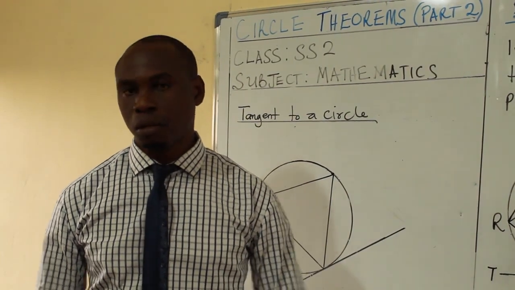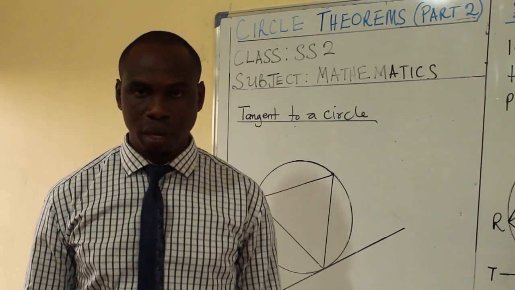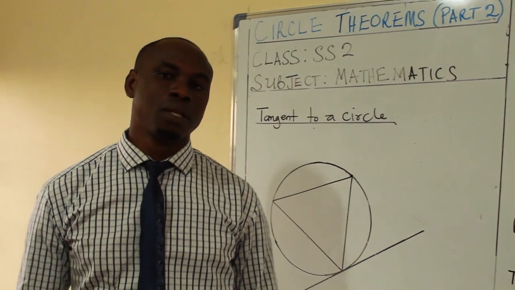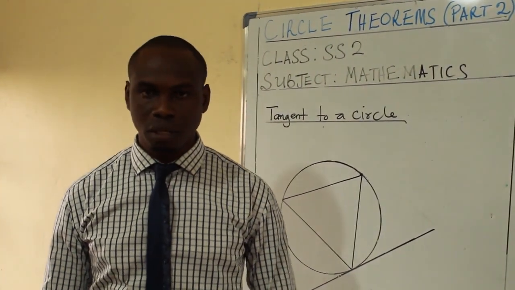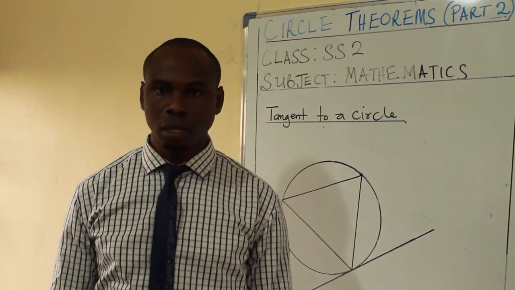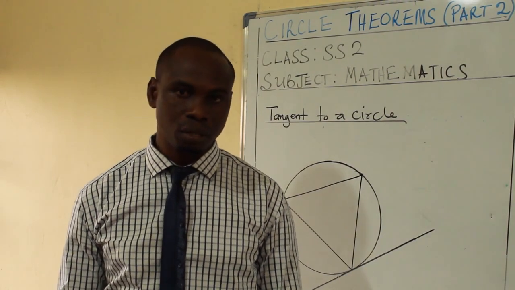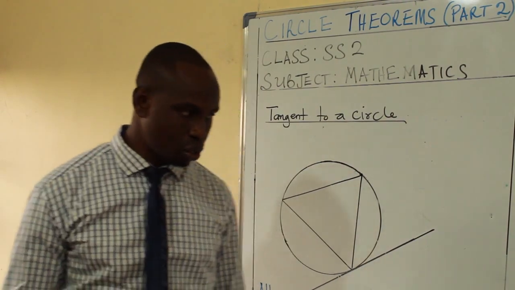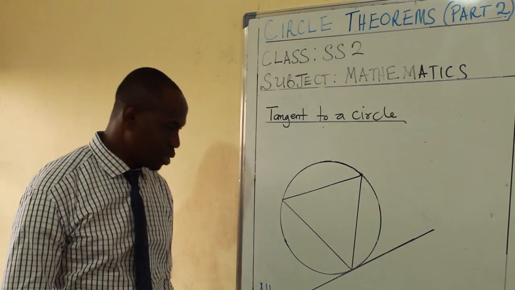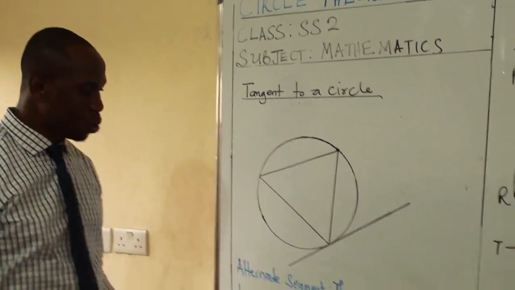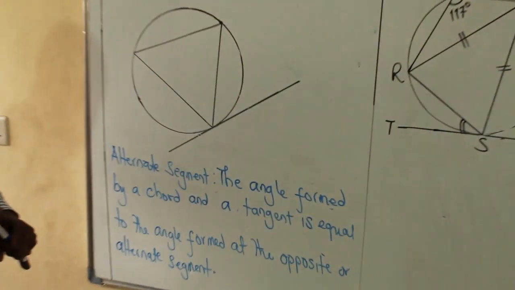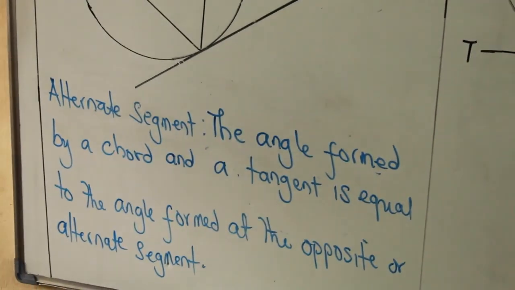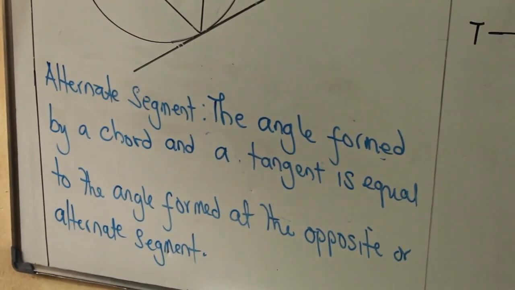We have another property of a tangent. We had earlier talked about a line drawn from the center of a circle to touch the point of contact of a tangent being perpendicular to it. In this situation, we have that the angle formed by a chord and a tangent is equal to the angle formed at the opposite or alternate segment.